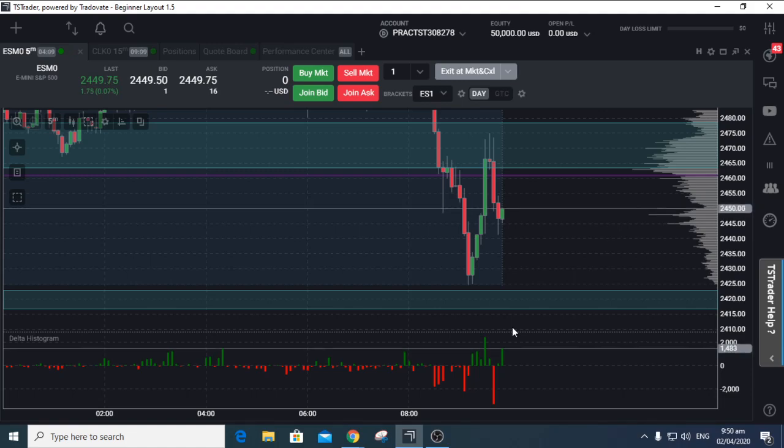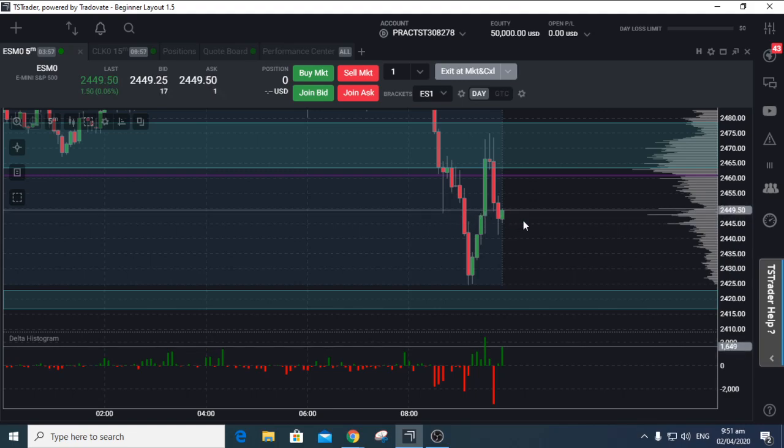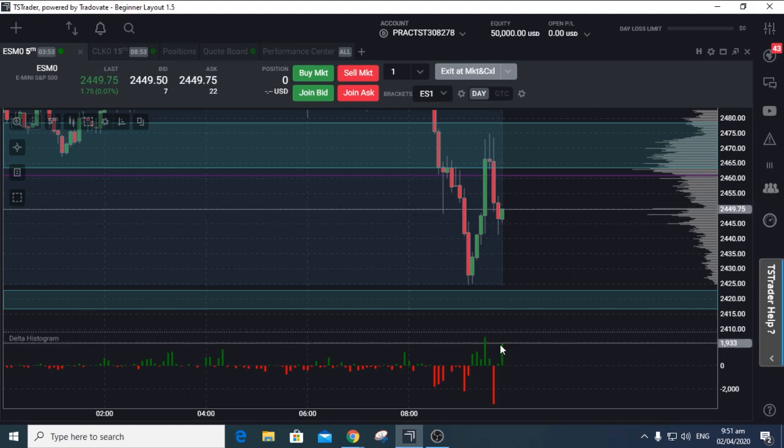Now here's where patience is required. If you're on the long side, here is where you can join the trade, because at 47, this is a possible inflection point. 47 to 50. Watch what the delta is doing, watch the price reaction, wait for the close.